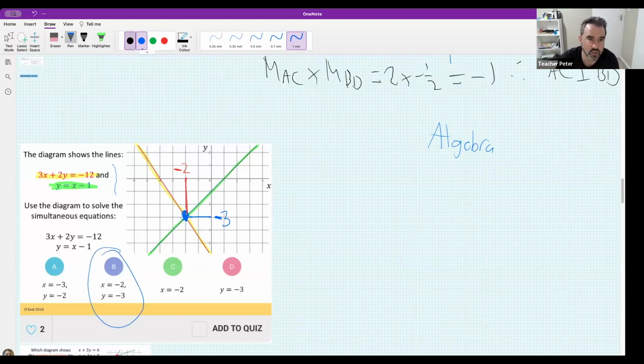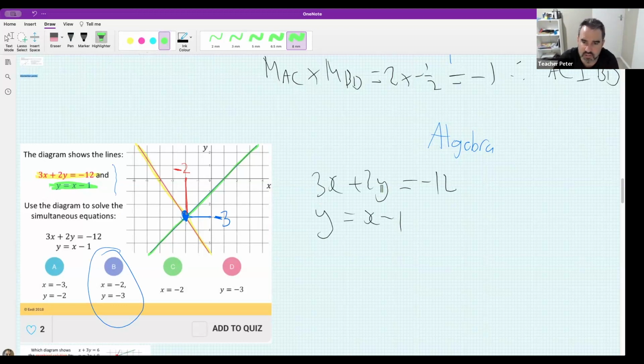And just to show you that this is true, because this is more from simultaneous equations earlier in the year, if I wanted to solve this set of simultaneous equations, the easiest way is to sub the easy one into the hard one. So we would go 3x plus 2 times y equals -12, but y would come from the easy equation.